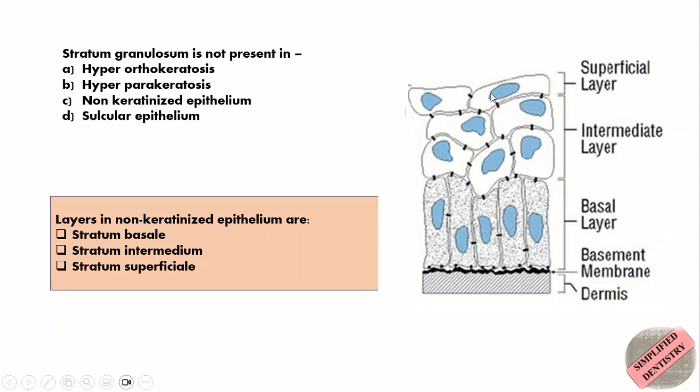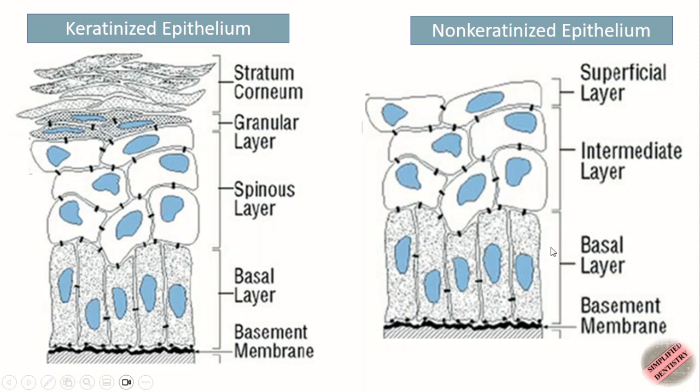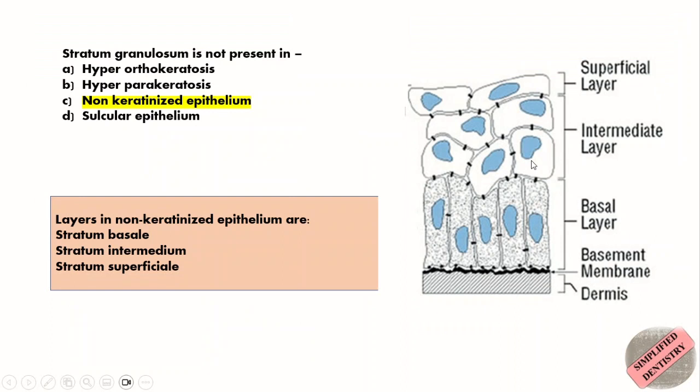So it is the non-keratinized epithelium where the spinous layer and the granular layer are absent. So the answer will be non-keratinized epithelium. So stratum granulosum is not present in non-keratinized epithelium.